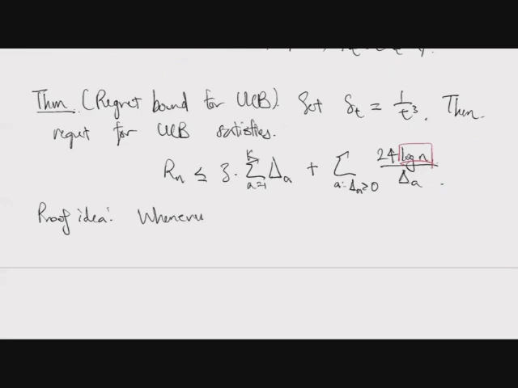Whenever we pull a suboptimal arm, let's call it A prime, then one of the following has to be true.